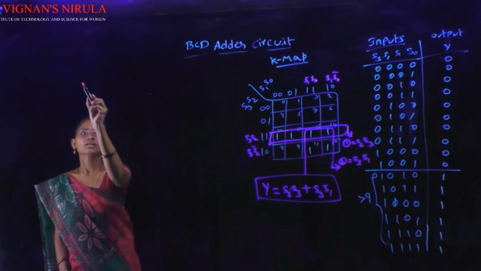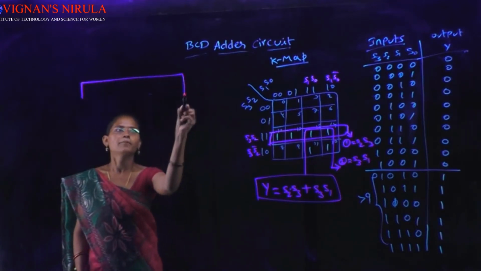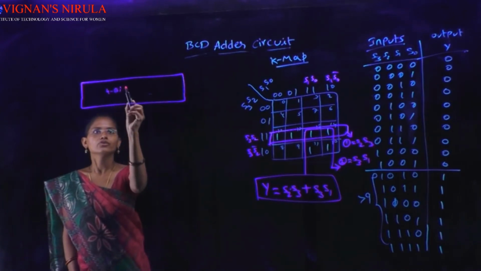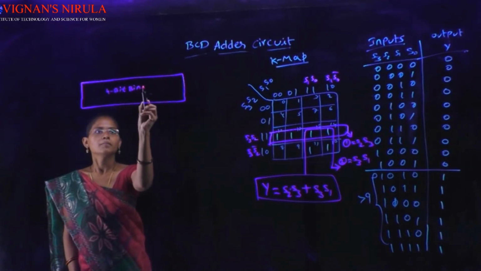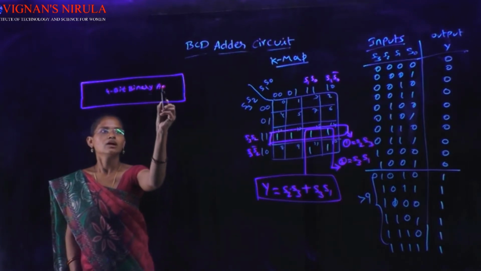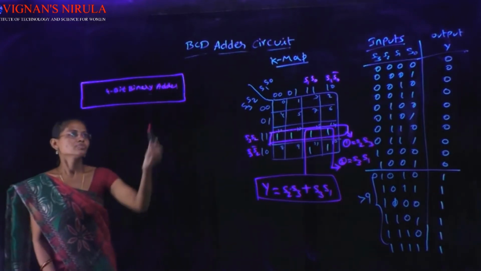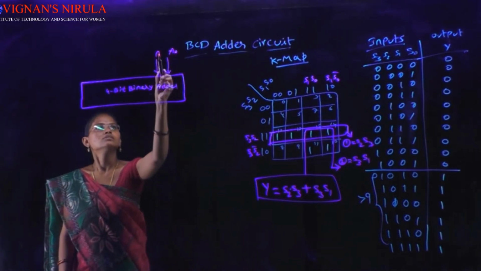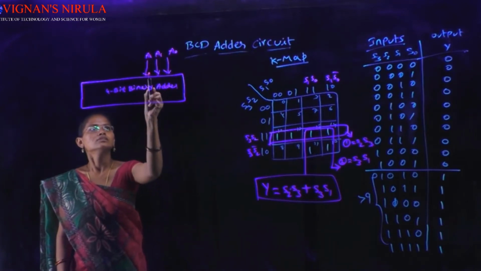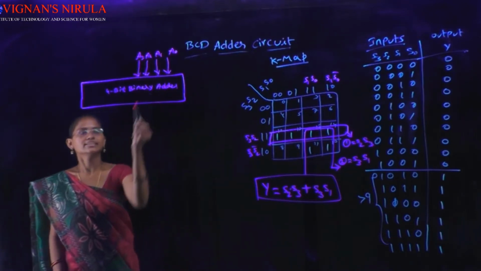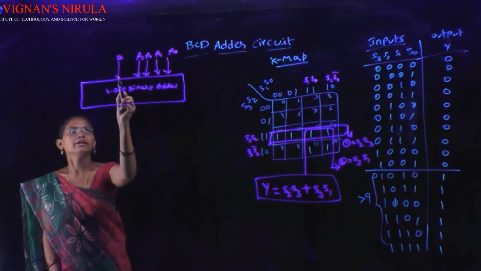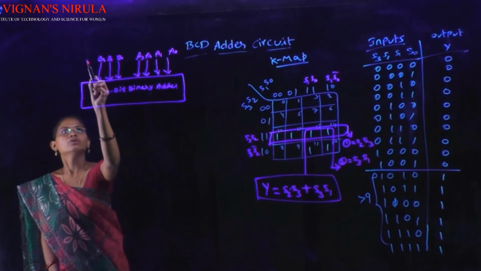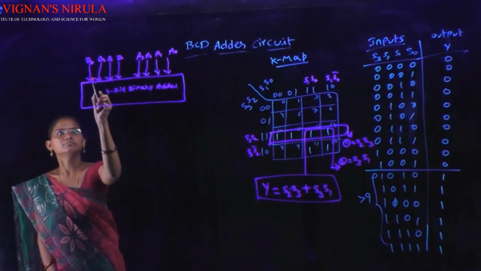This is the 4-bit binary adder. Here the inputs are A0, A1, A2, A3 and B0, B1, B2, B3.